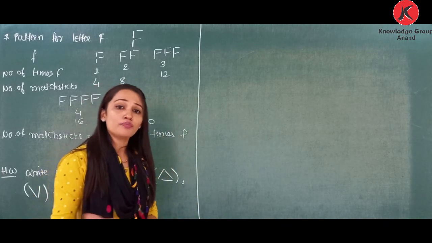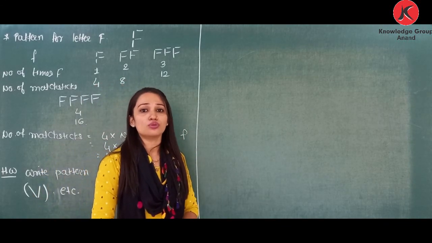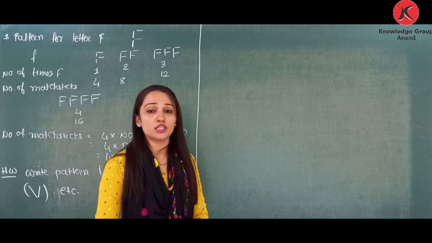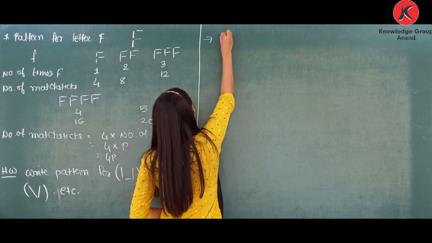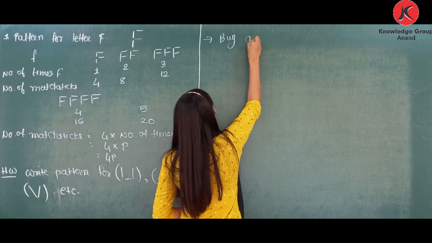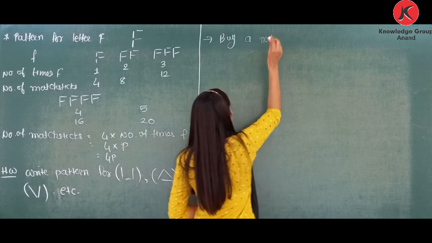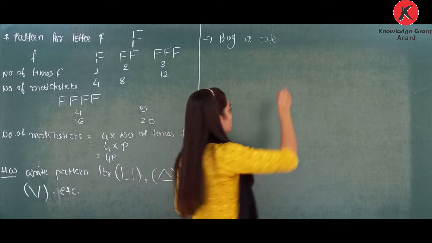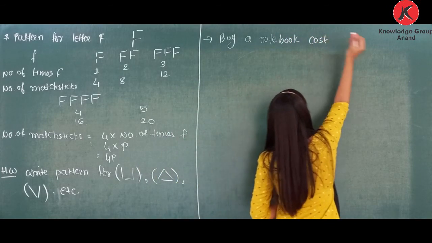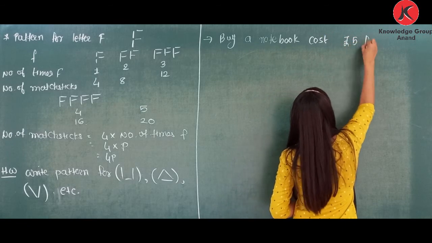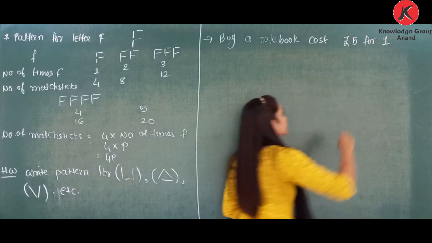Okay, so from this situation we can also find the algebraic expression. For example, buy a notebook. Here instead of pencil I am considering a notebook. Cost is ₹5 for 1.